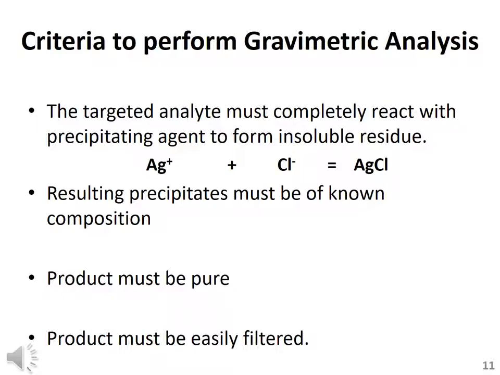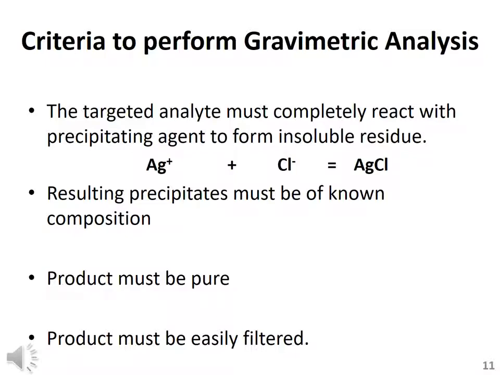So if the precipitating agent and the solvents are not intermixing, are not reacting completely, then the exact amount of the product cannot be achieved, which is theoretically possible. So the targeted analyte must completely react with the precipitating agent. That's why the precipitating agents are added in an excessive amount in order to grab all the available ions of the targeted analyte.